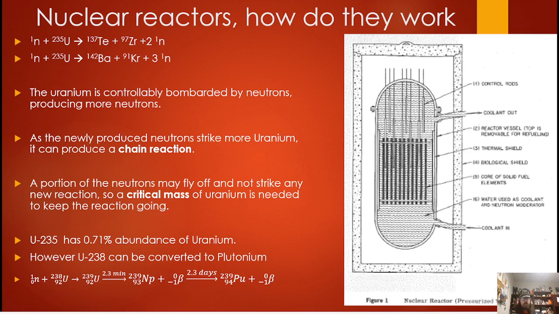Now, we can't do this directly in the standard reactor because this process takes some time. The first bombardment takes a 2.3 minute half-life to convert our uranium into neptunium, so it's not long, but then it takes another beta decay, with a half-life of 2.3 days, to start converting this into plutonium. But that plutonium can then be used in other nuclear reactions.